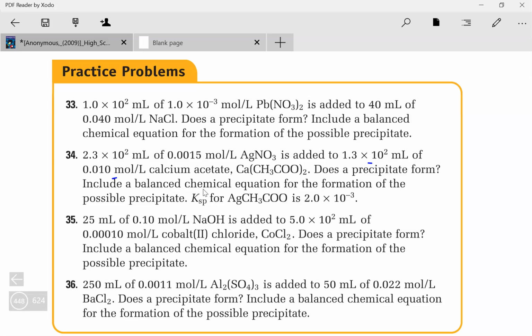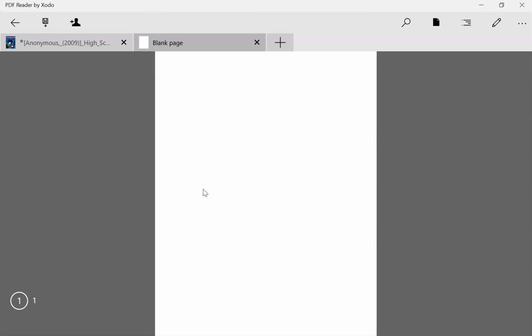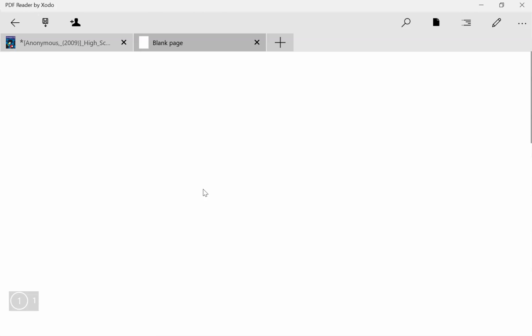And so therefore, let's look at 33. So 100 milliliters of, okay, let's write this out. Lead nitrate plus sodium chloride.